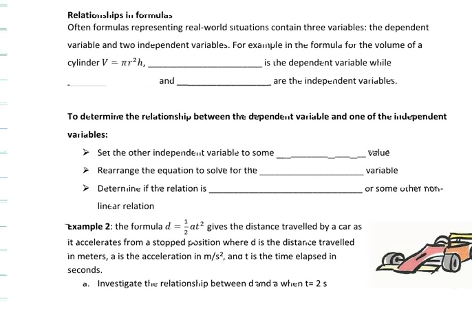Okay, so let's look at this. We can make the equation quadratic, or we can make it linear, depending on what we set to a certain number. So let's write this. For example, in the formula for the volume of a cylinder, volume equals pi r squared h, the volume is your dependent variable, right? The volume is the one replacing the y, so that's your dependent.